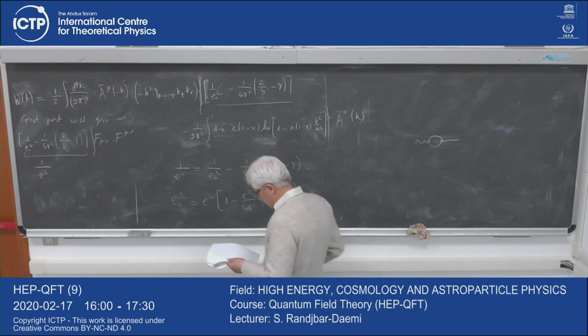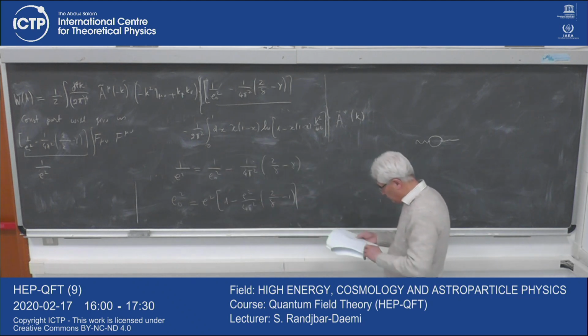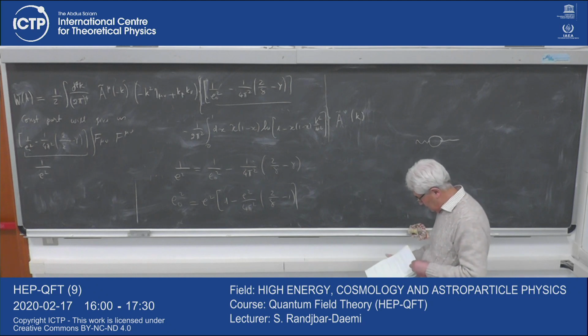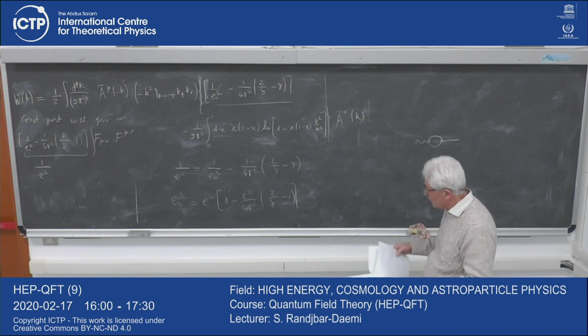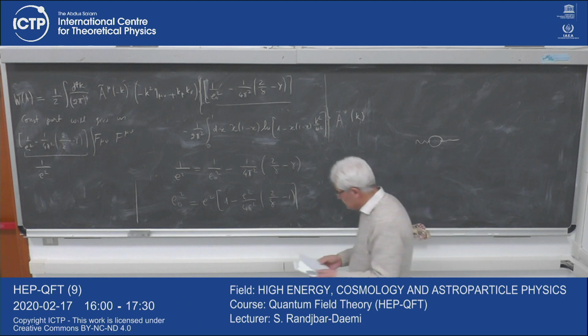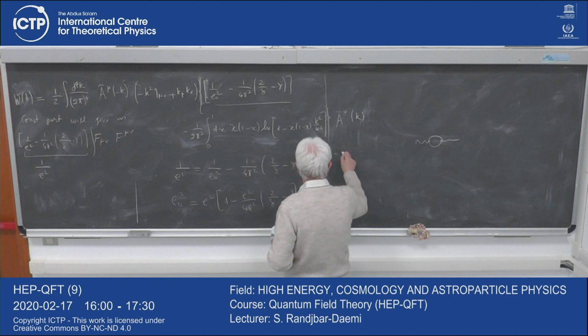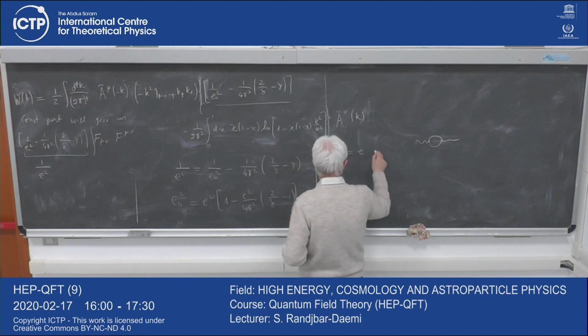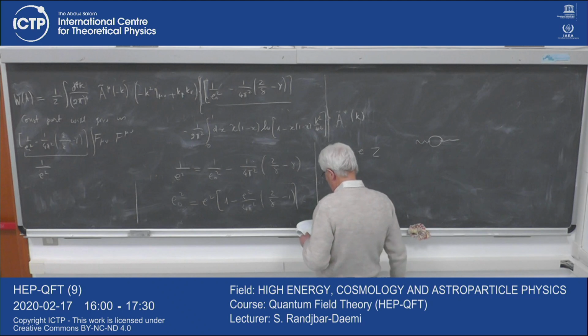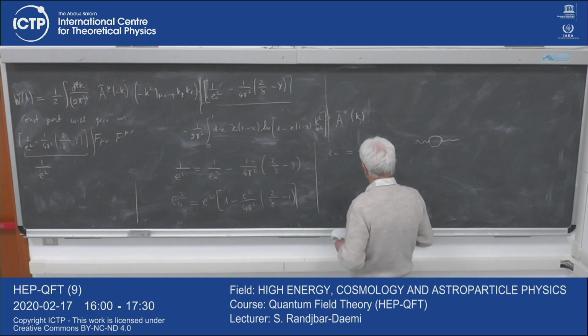So you can just rewrite that expression in the following form, and you see that this has the form of e0 equals the renormalized coupling times the renormalization constant.